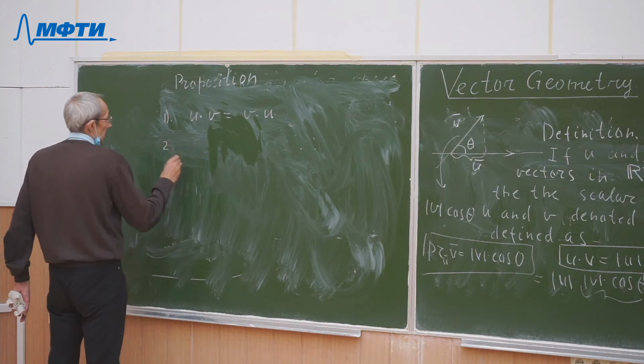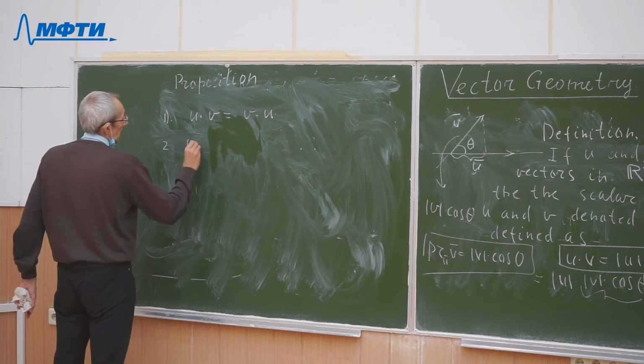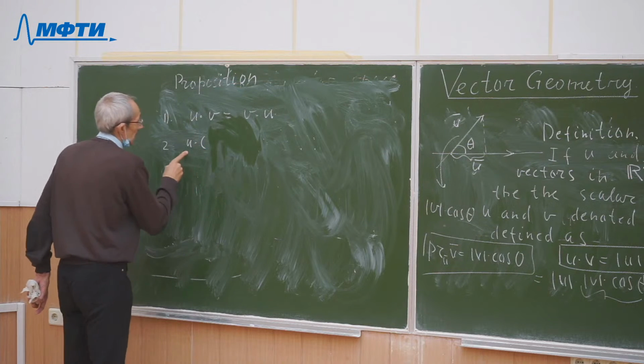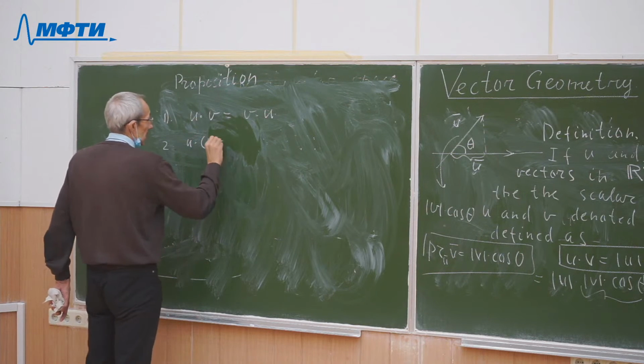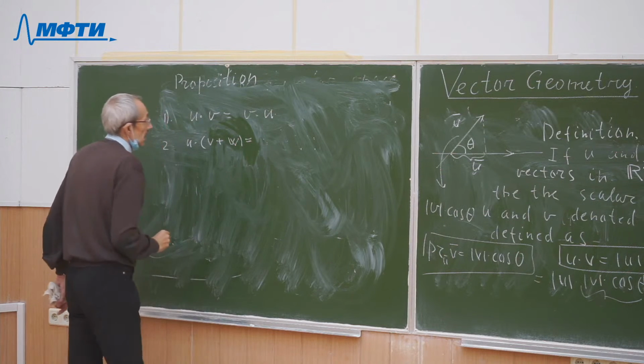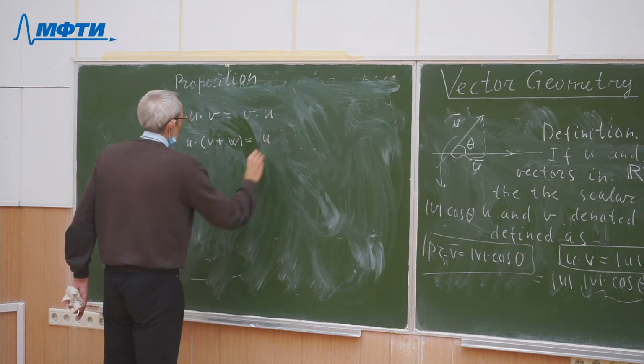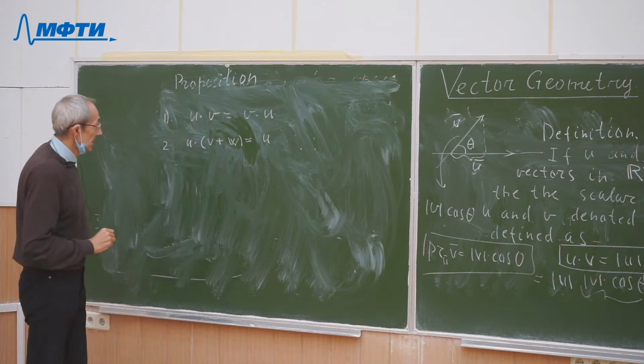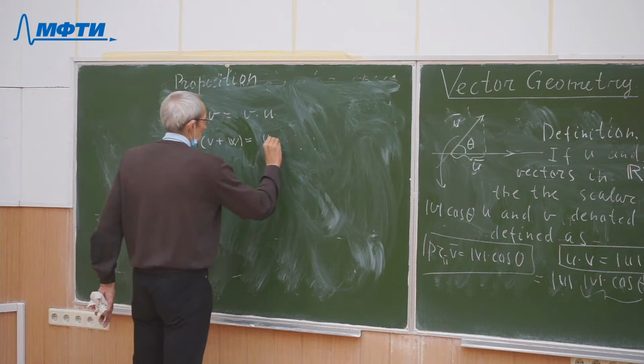And the second property: if we multiply vector u by the sum of two vectors v and w, we have the distributivity property.